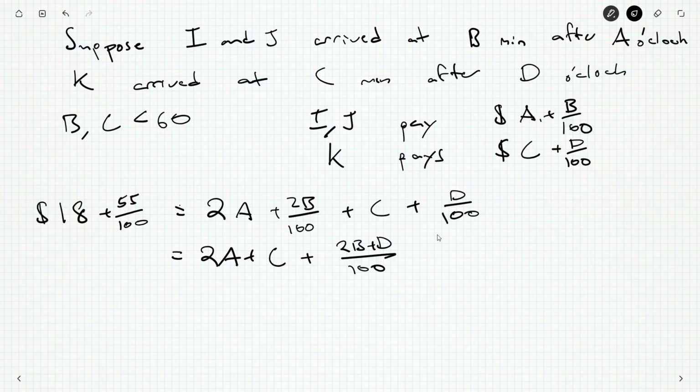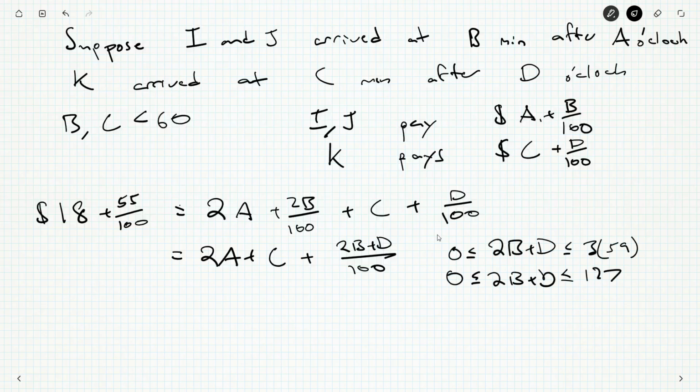So 2B plus D has got to be between 0 and, well, at most both of these could be 59. So that's going to be at most 180 minus 3, so 177. So we have two cases.